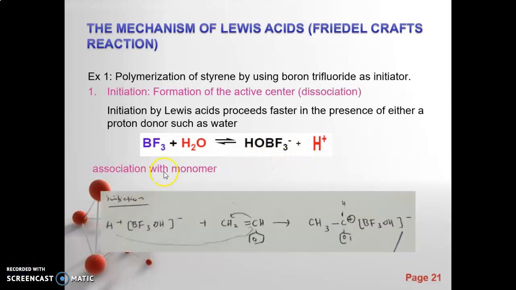This is the association with the monomer. Okay, just copy the reaction above and we react with the monomer, and then the H plus will be transferred here. Okay, it becomes CH3 and we also turn it into a single bond, right? And don't forget the positive charge here and negative charge here.